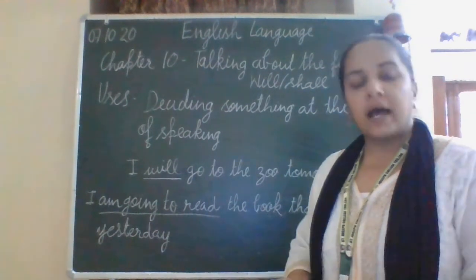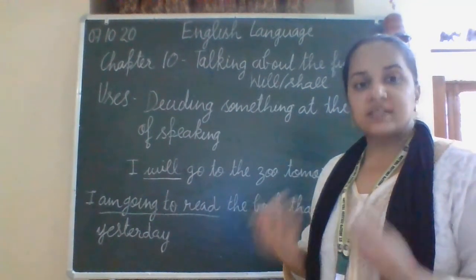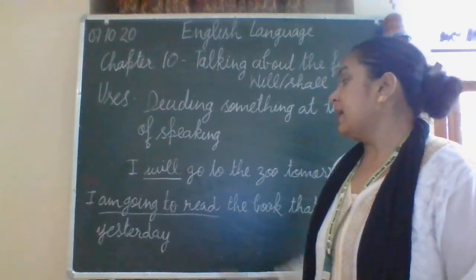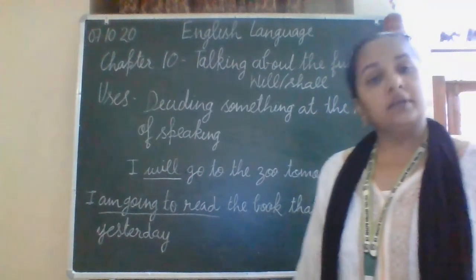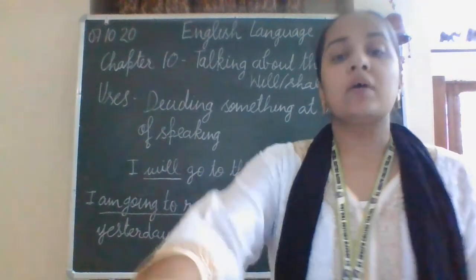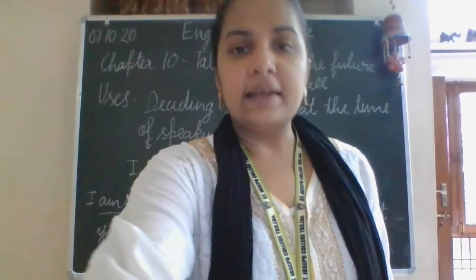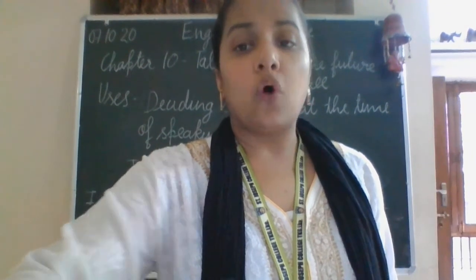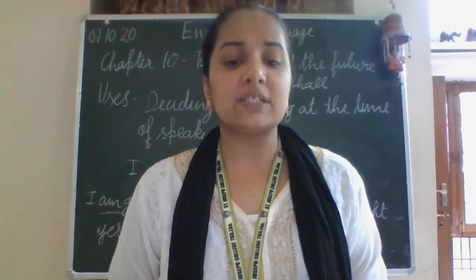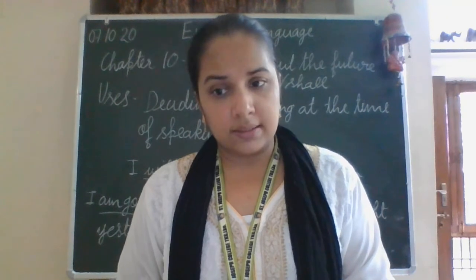And after that, when you are saying the thing, it will be I'm going to read the book that I bought yesterday. Because we have already decided about this thing that I will read the book. That is why we will not use will in this particular sentence.